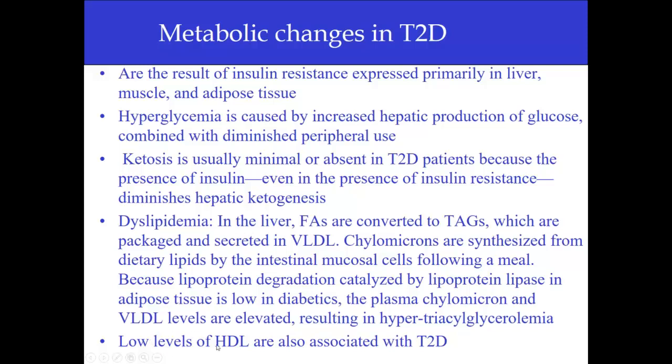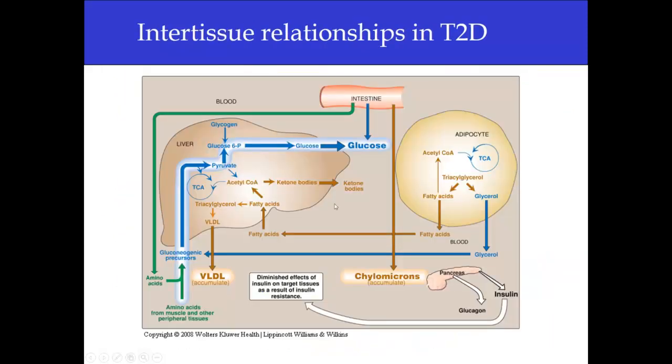Also, something else is different here. We usually see low levels of HDL. So low levels of HDL, remember this is the good HDL, are associated with type 2 diabetes. You have here a similar diagram to the one that we saw before for type 1 diabetes.